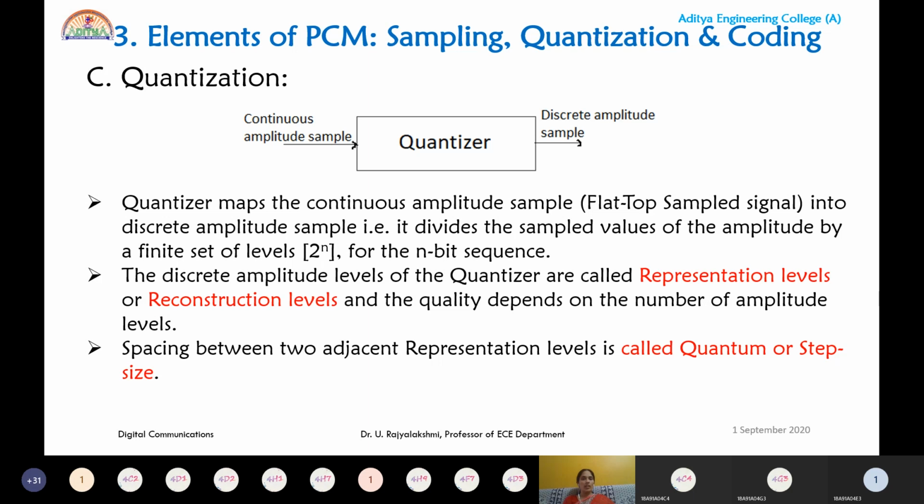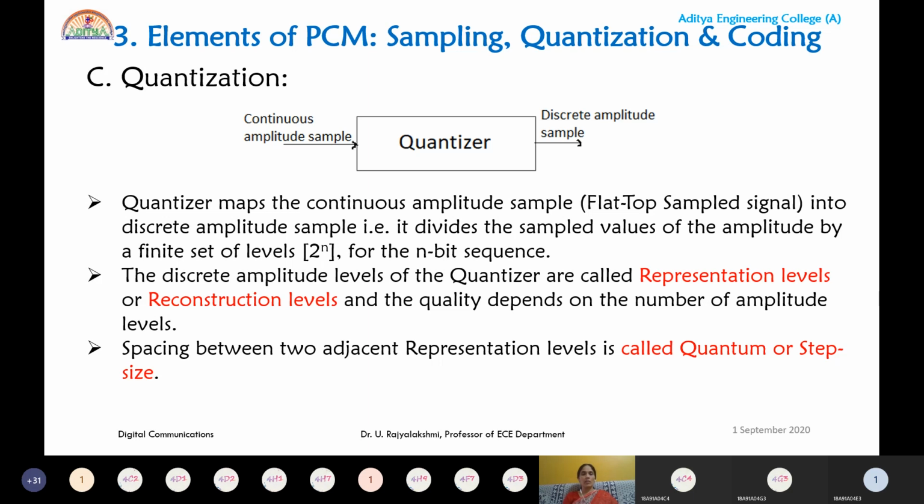These discrete amplitude levels of the quantizer are called representation levels or reconstruction levels.